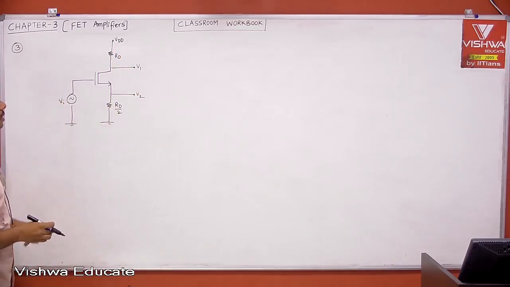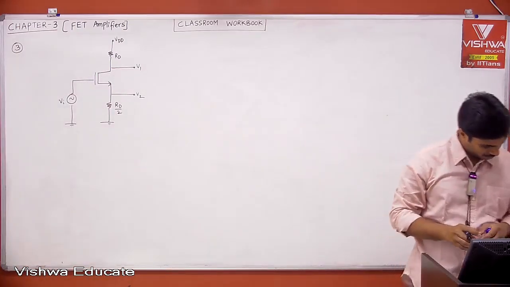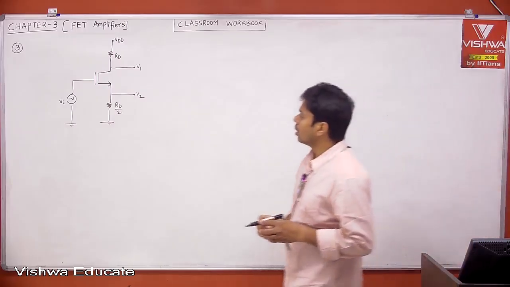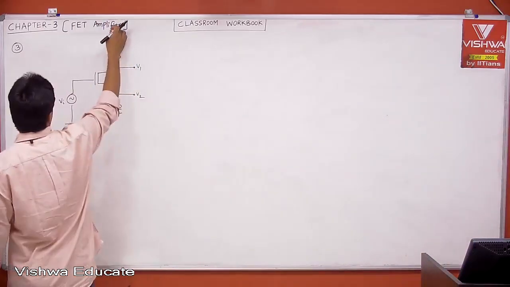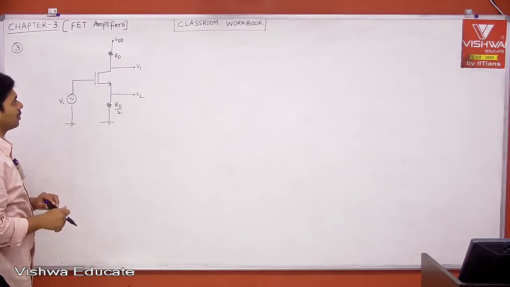Now asking for the relationship between V1 and V2, right? Now, given some arrow, what does it mean? It is connected to some supply, that is VDD, okay. This is connected to ground.